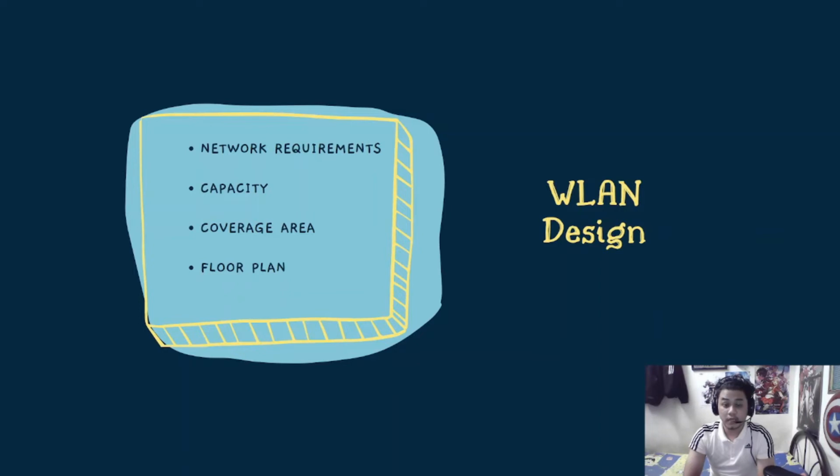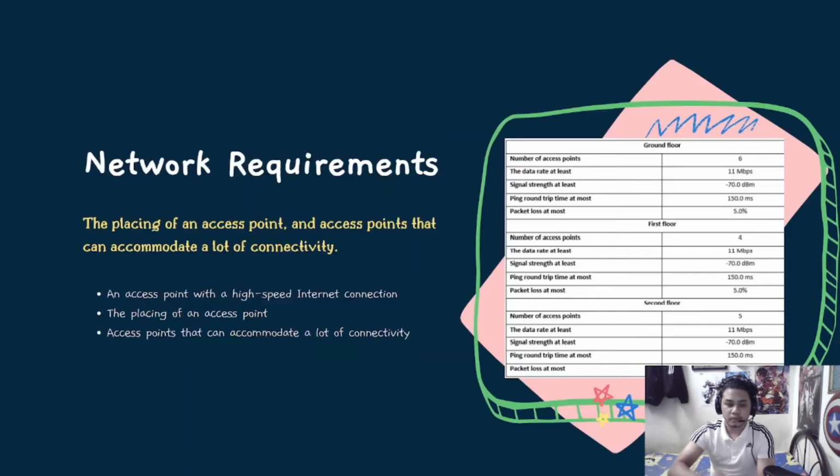I will cover network requirement, device capacity, coverage area, and floor plan. The rest will be covered by Shariza, which is access point information, logical network diagram, and the special request and consideration. So we'll be moving to the network requirement.